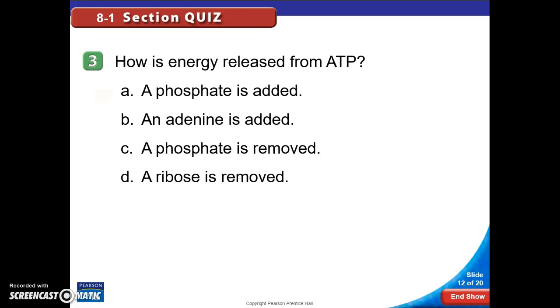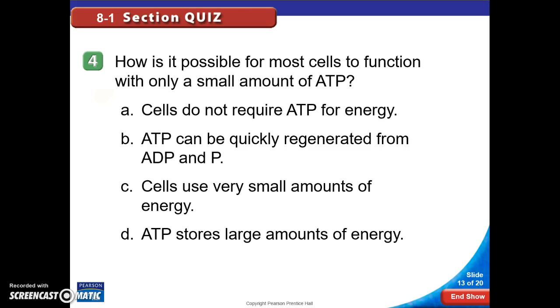How is energy released from ATP? You should know a phosphate group is removed. The way that most cells are able to function with only a small amount of ATP. Think about which answer would be best here.